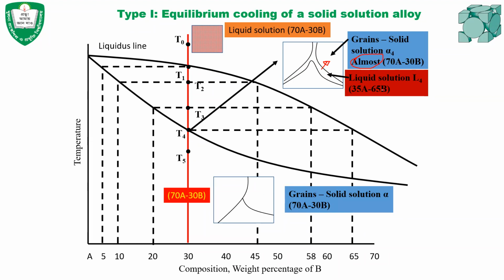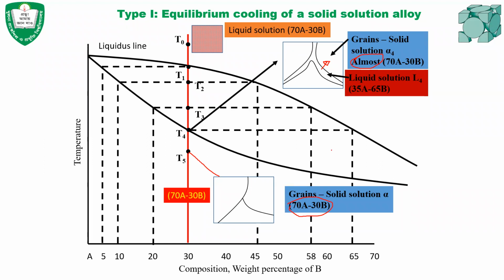And when B decreases in the liquid, the percentage of A automatically increases, and this will eventually become 70A30B. Below temperature T4, let's say at temperature T5, all the grains will have the chemical composition of 70A30B.